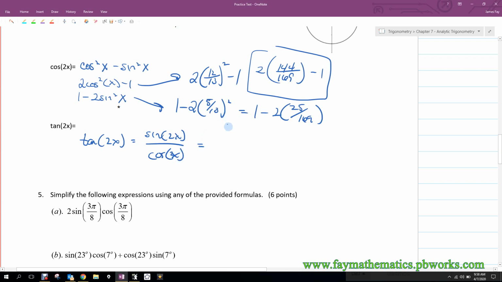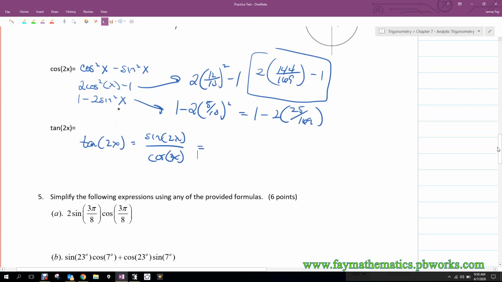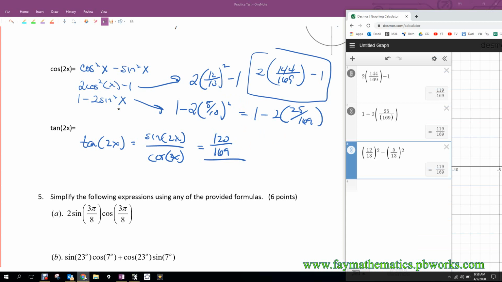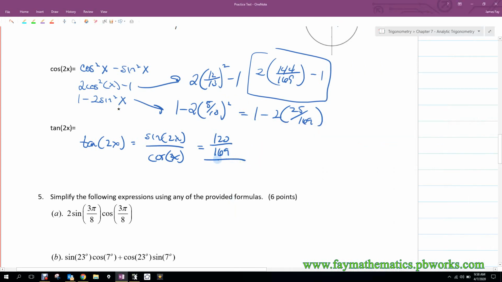So I'm going to rewrite this as, remember the sine of 2x we found to be 120 over 169. And the cosine was I think it was 119 over 169. So then we're looking at 120 over 119 as our solution there when they simplify.